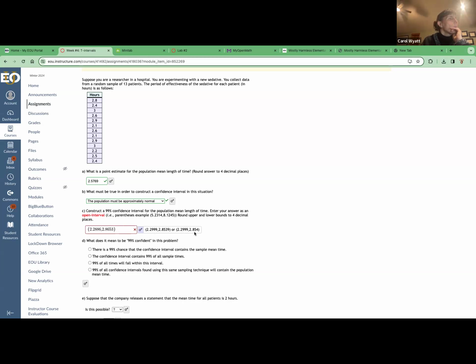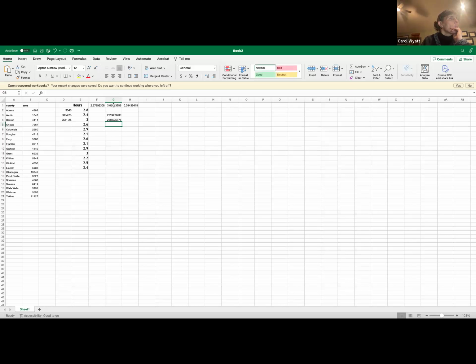Off a little bit. Did I grab this one wrong? 99 percentile, oh, 0.005. 2 to 14, that should be good.